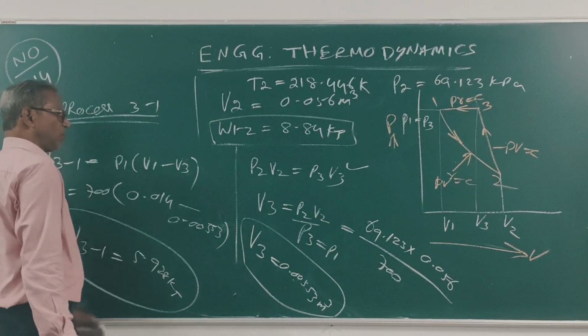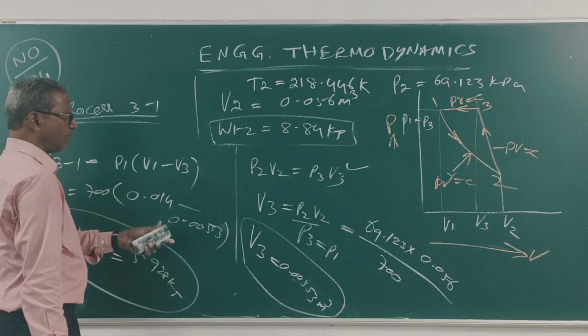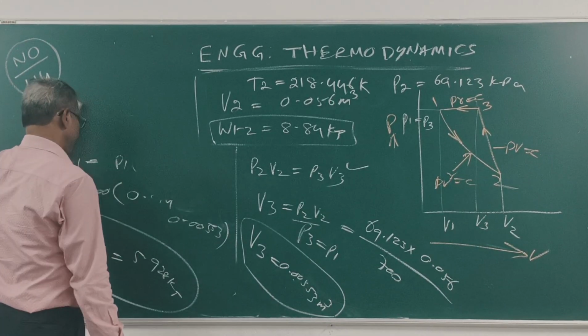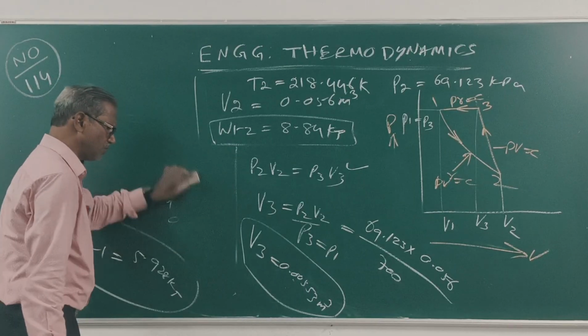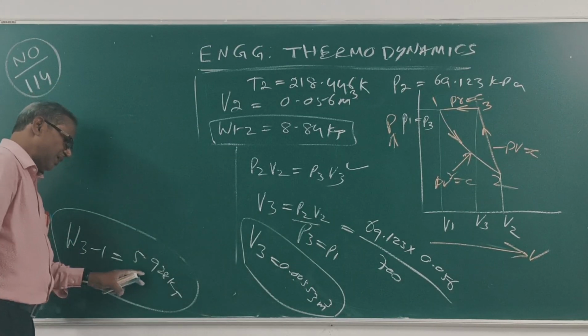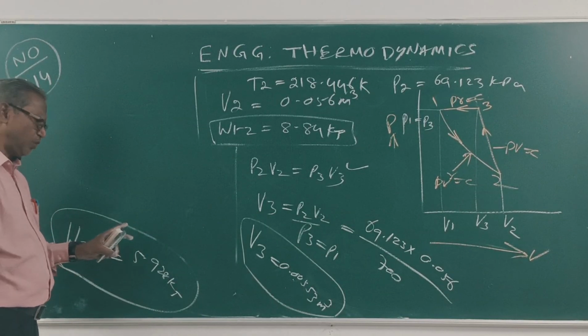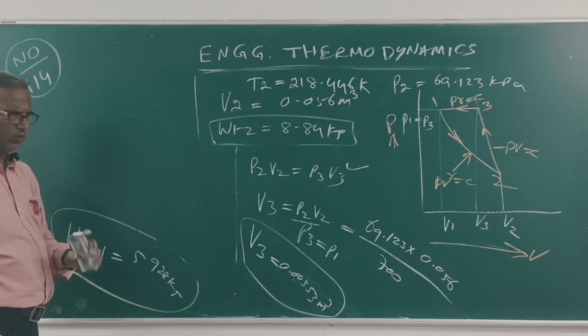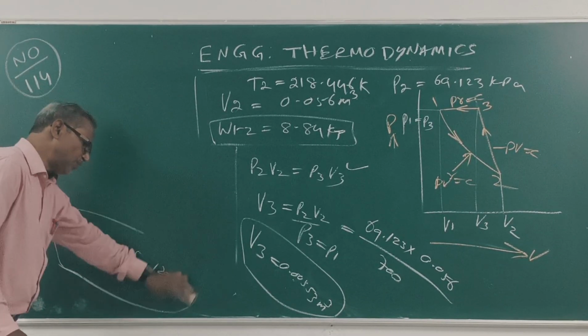This is W12, W23, W31. So net work transfer. Or you check the answer. Clear? Use calculator. You will find the correct answer. I am not using calculator. Use calculator. Clear?